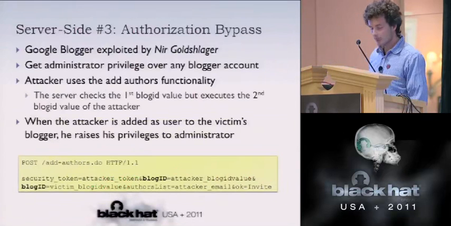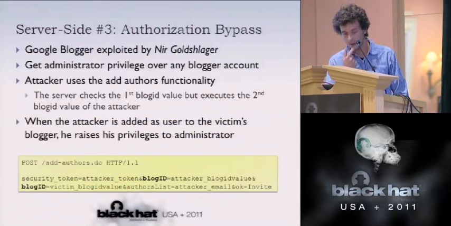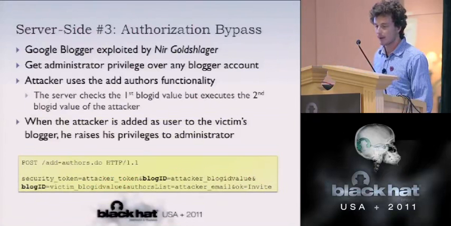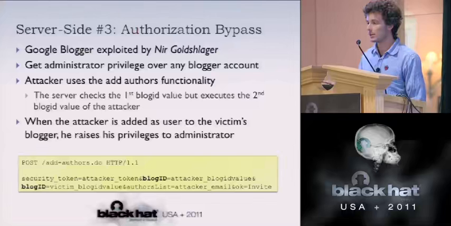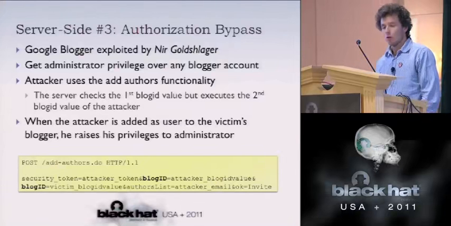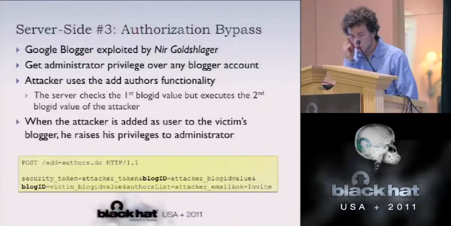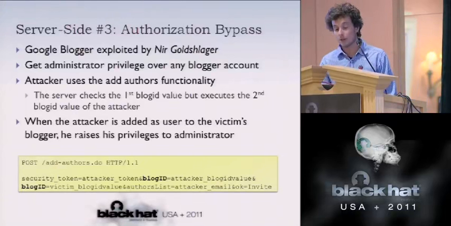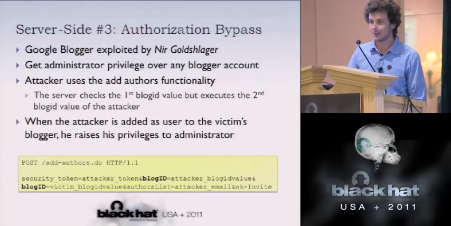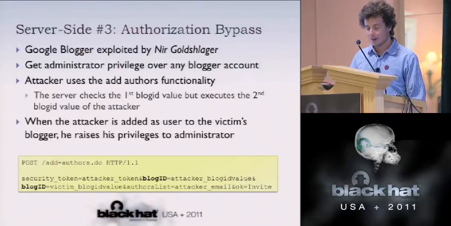This is another example, a real example that was exploited by Nir, about the Blogger system of Google. What Nir was able to do was to get administrator privilege over any Blogger account. This is pretty scary.